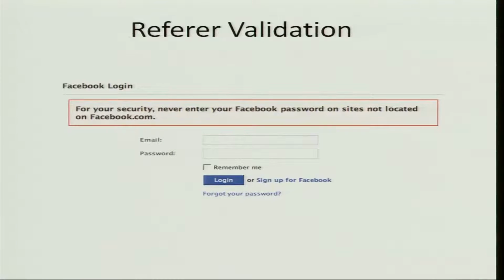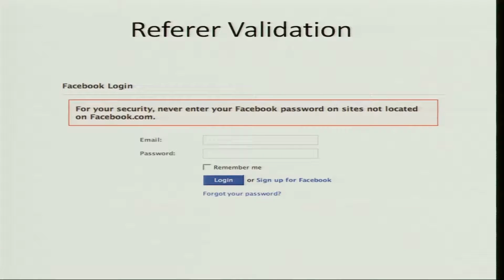Now referrer validation is another way, and the idea here is that the referrer field in the header should be something that I trust. If you ever get a Facebook login page and it's not located on facebook.com, then you should not type in your password, for example.